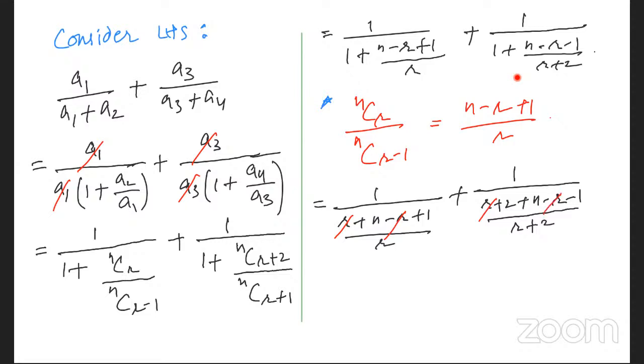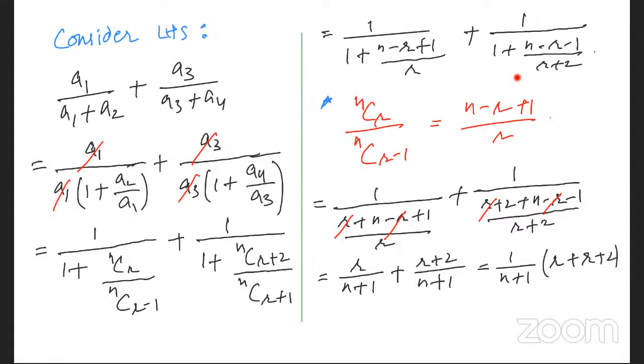So this will be equal to r/(n+1) + (r+2)/(n+1), which is 1/(n+1) common into (2r+2).